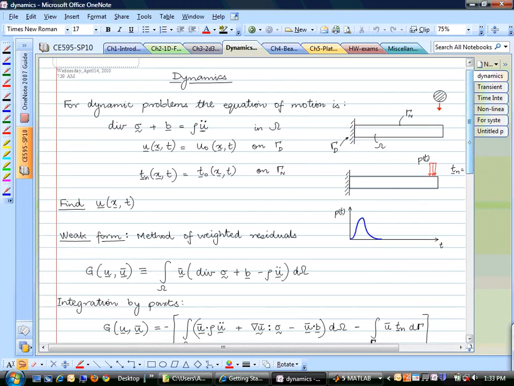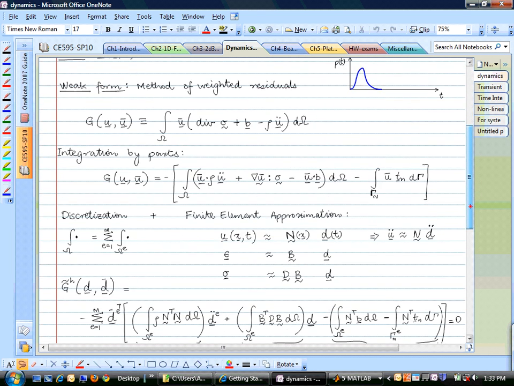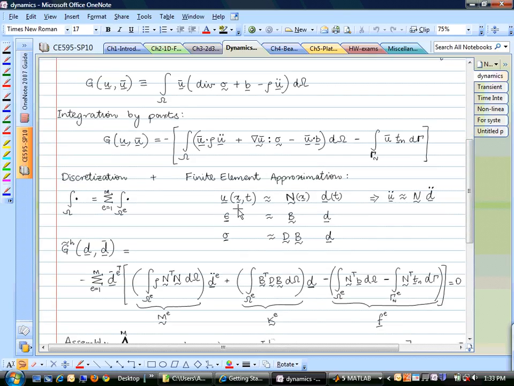And if you use the familiar method of weighted residuals, all you have to do is take your governing equation, multiply it with the virtual displacement, integrate by parts, take our finite element approximation, and I mentioned to you that the finite element approximation is the exact same thing, except now your degrees of freedom are going to be functions of time. So these are nodal displacements, and if you take the second time derivative of that, that will give you a very similar formula for accelerations. So acceleration at any point in the domain can be found using the same type of shape functions that you used for displacements.